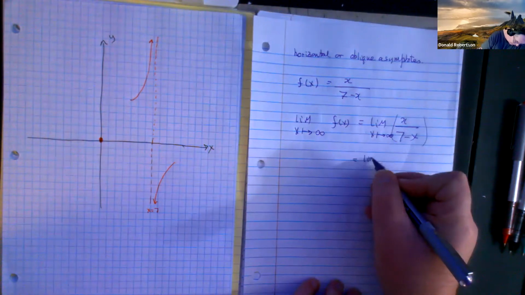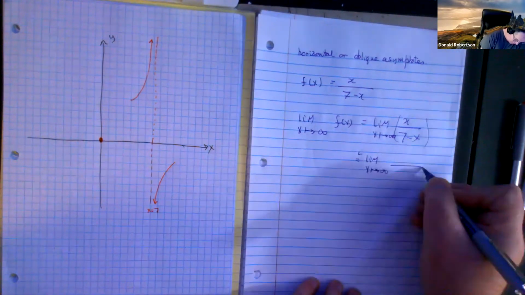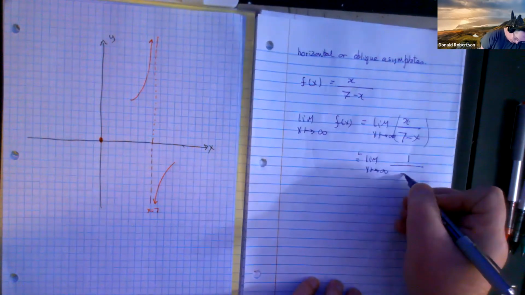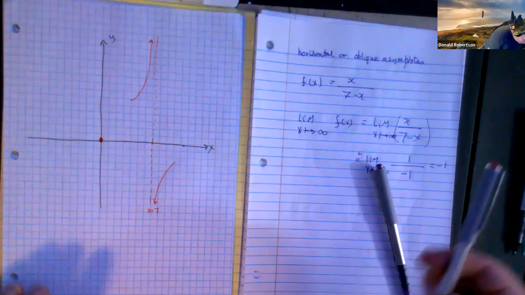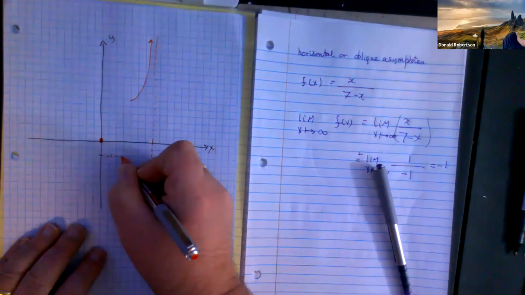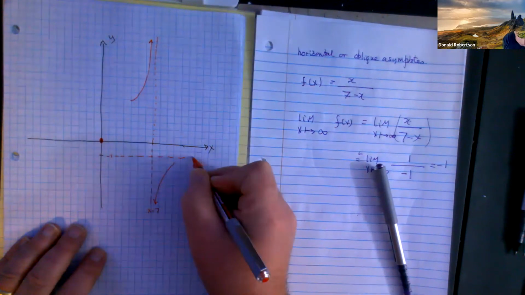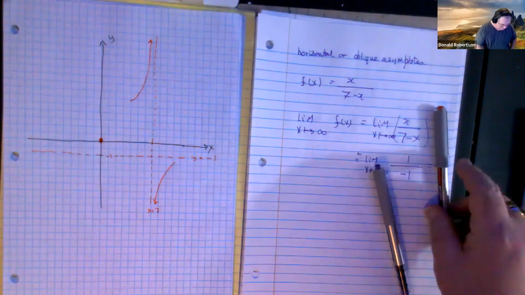So it's going to be the limit as x tends to infinity. Differentiate the top, differentiate the bottom. Oh, -1. That means that we have, let's make that -1. We have a horizontal asymptote at -1.